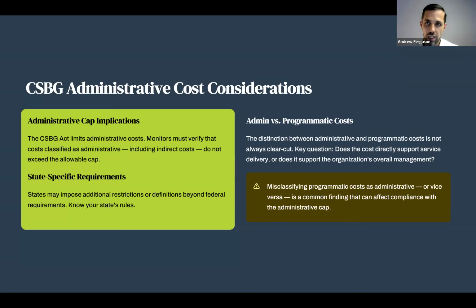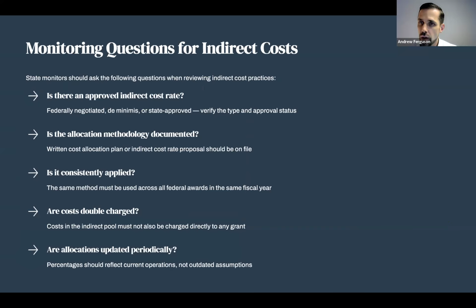And so it can become very confusing trying to work through those particular items. So just understand that you can have admin and direct, or you can't have admin and indirect. While they're not exactly the same, there is some overlap.